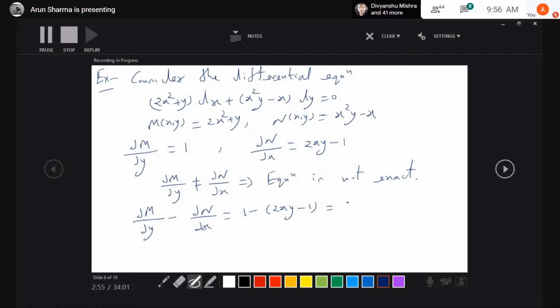This equals 2 minus 2xy, which is twice (1 minus xy). You can take 2 outside. It is minus x. So twice 1 minus xy.